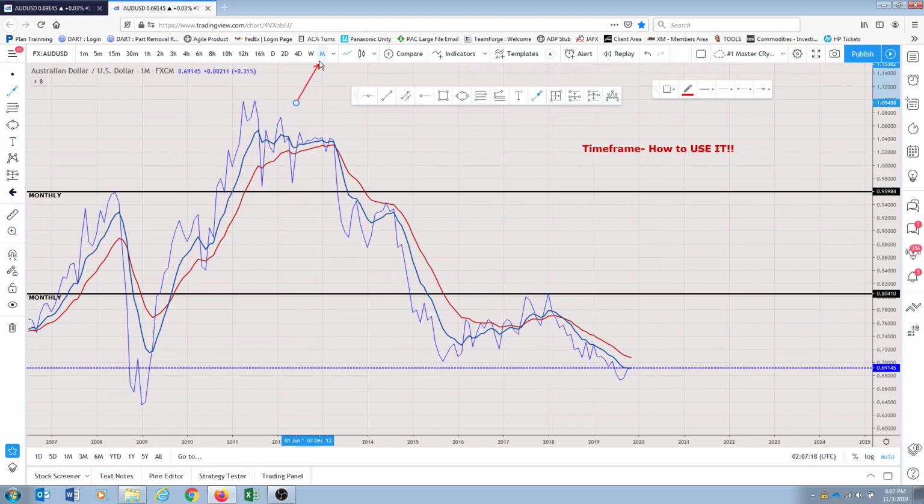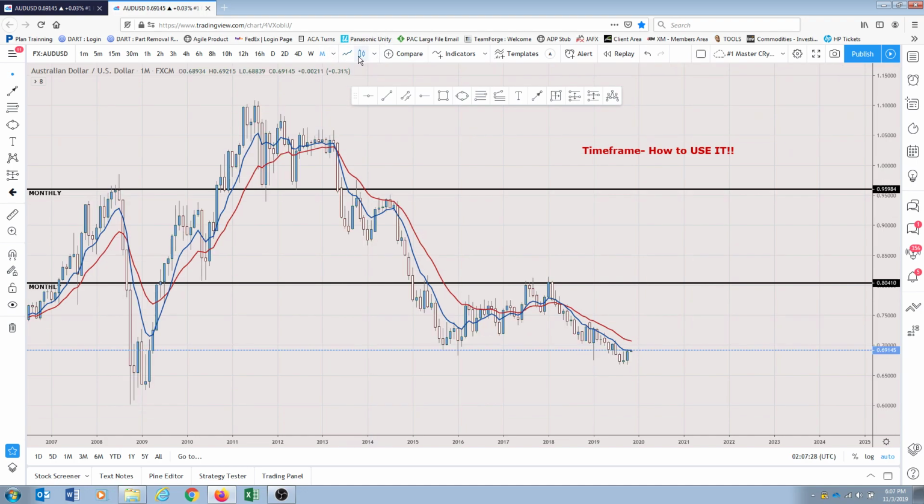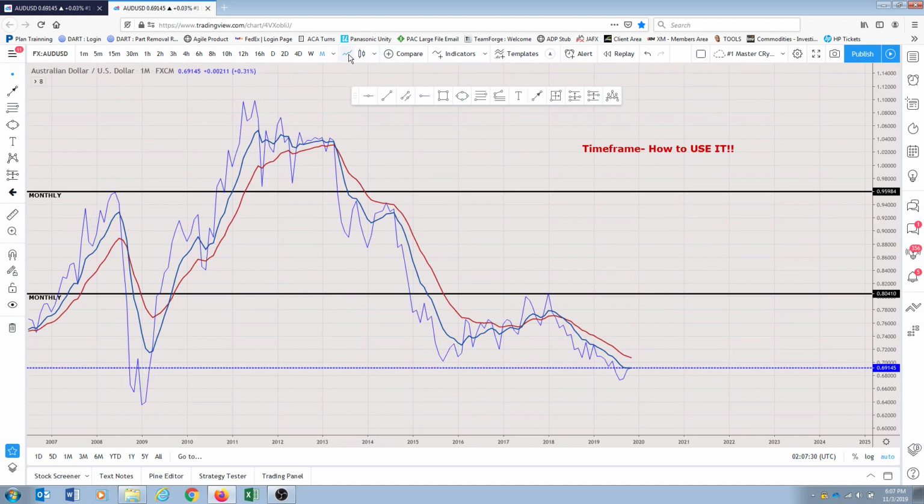So we're on the monthly right here, and I switched from candlesticks to line chart, and that's how we find them. See a touch from the bottom? See how that's touching? Actually, let me show you coming from the bottom.